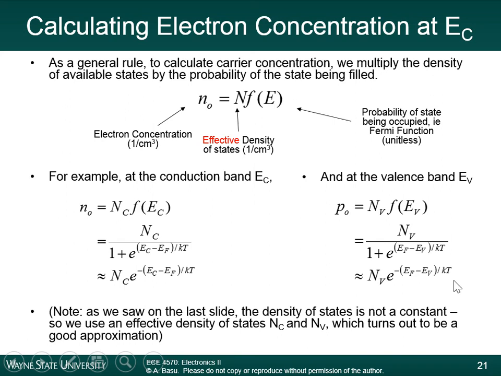At the valence band EV, we have a similar formula. This is the effective density of states at the valence band, and then we plug in EV into the Fermi function here, and we come to this equation describing the hole concentration. All right, but these forms of the equations, you can use them, no problem, if you have the values for the density of states NC, and you also have the value of the density of states NV.